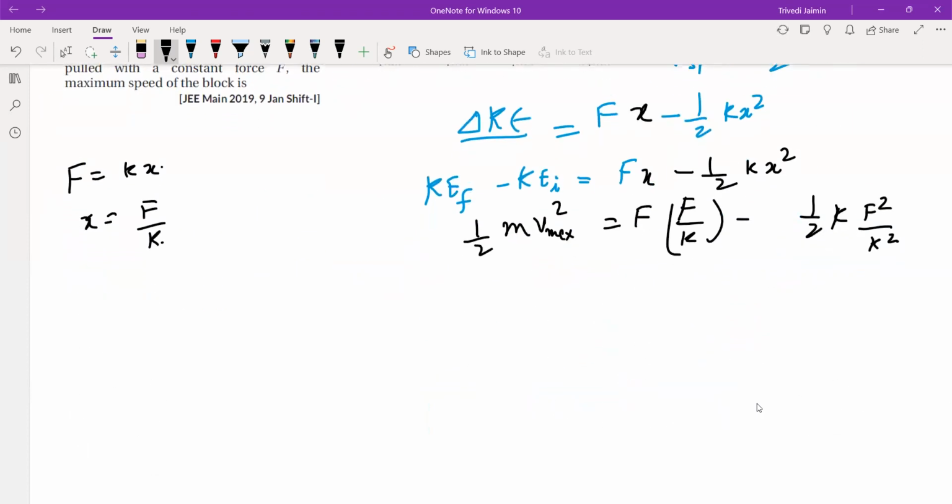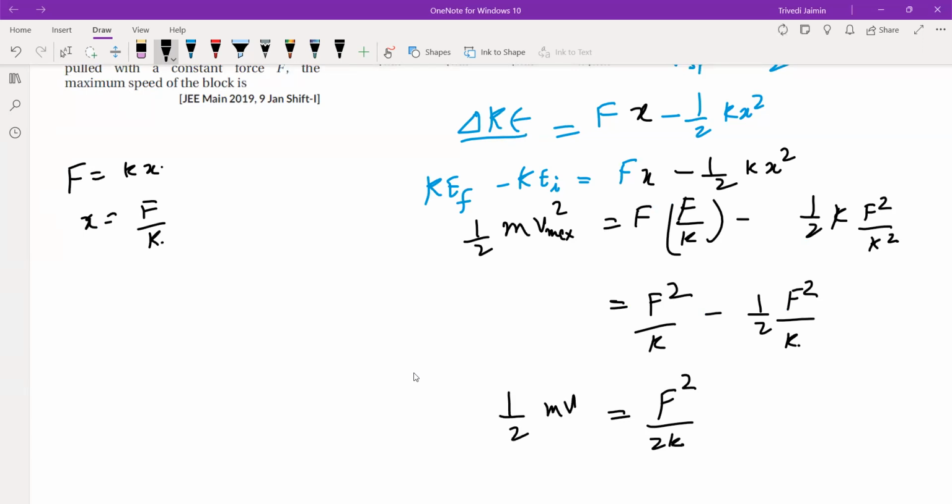Again, this side it will be F square by k minus half F square by k. That will give you F square by 2k, equal to 1 by 2 m v max square.